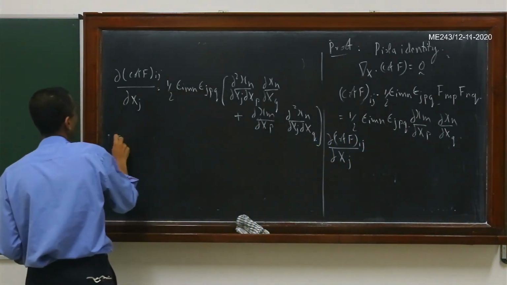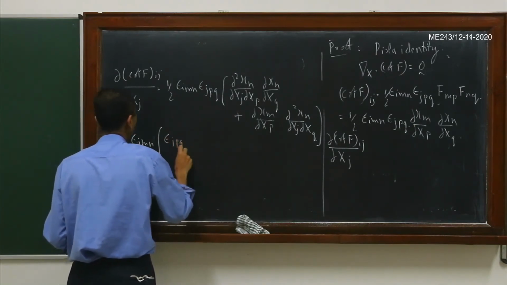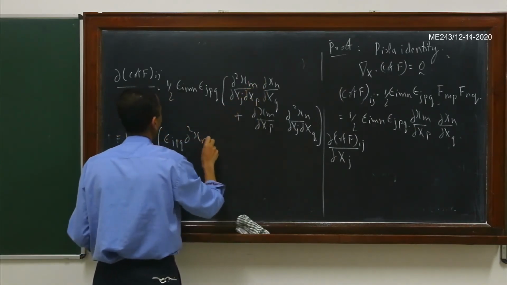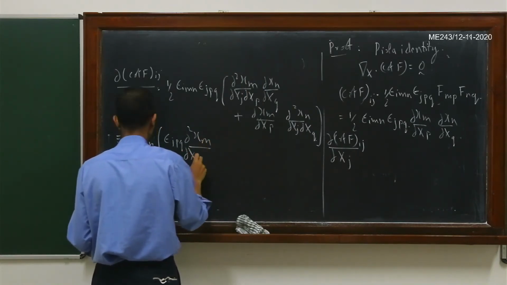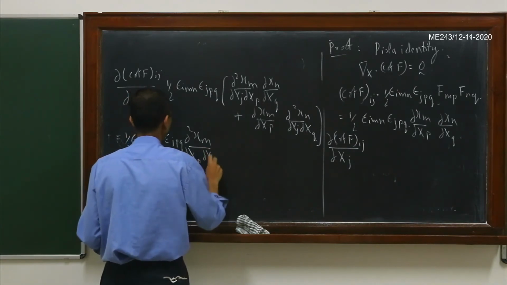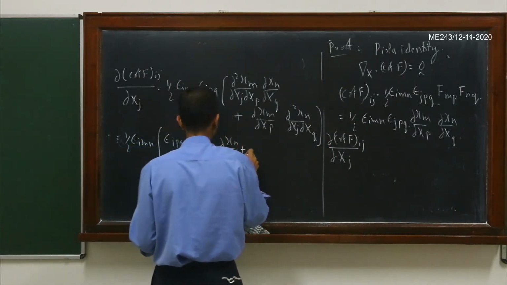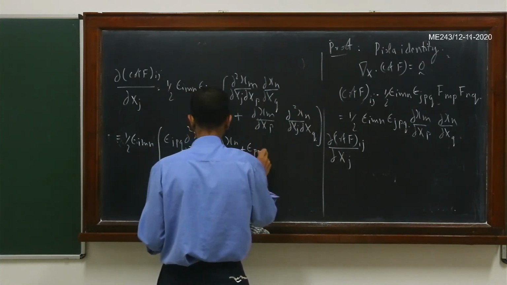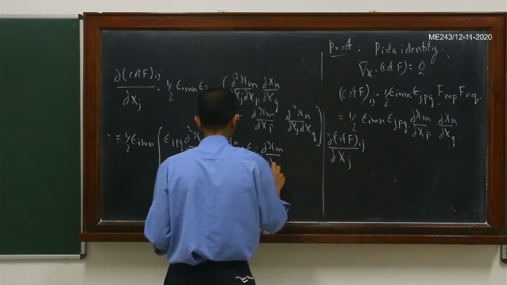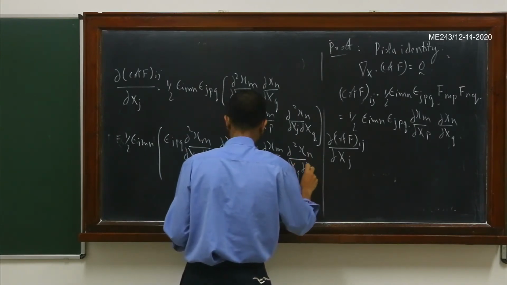Now this I can write as equal to half of epsilon imn, and the epsilon jpq I will take inside, so that is epsilon jpq, then del square chi m by del Xj del Xp, sorry, this should have been m, so just correct that, then del chi n by del Xq plus epsilon iqpj del chi m by del Xp del square chi n by del Xq del Xj.